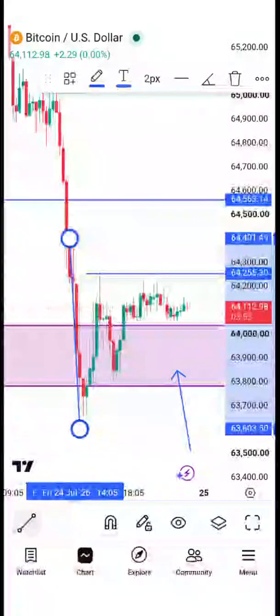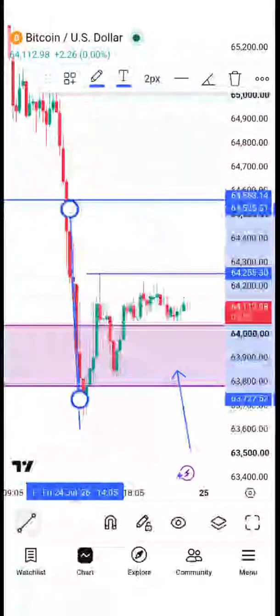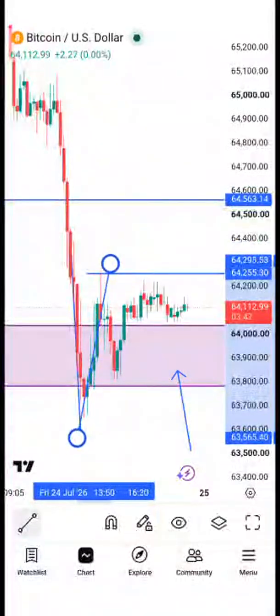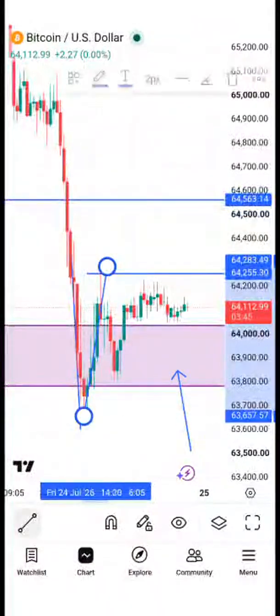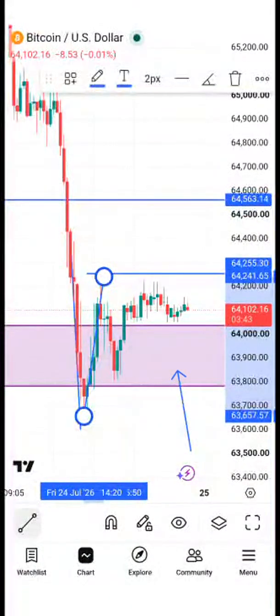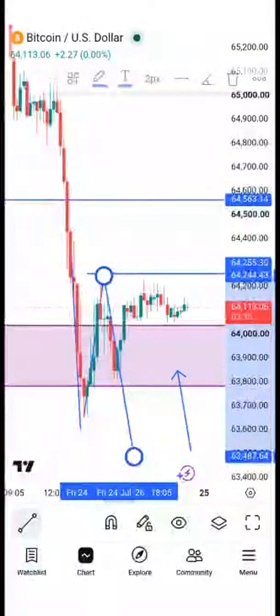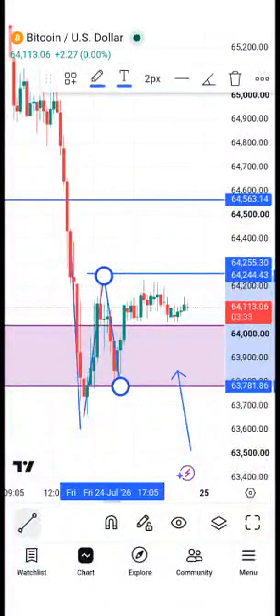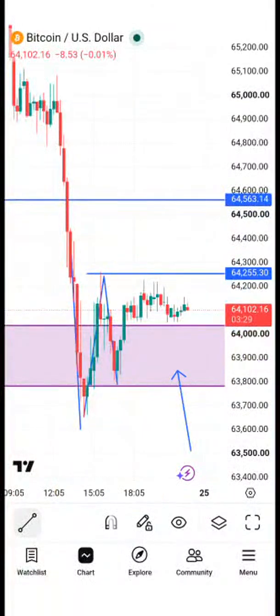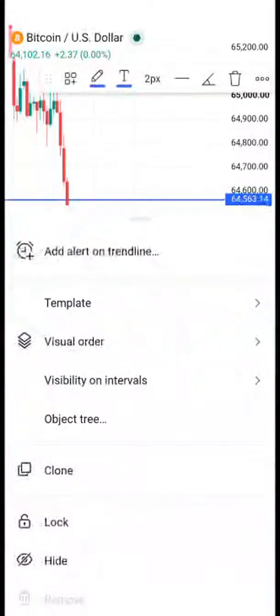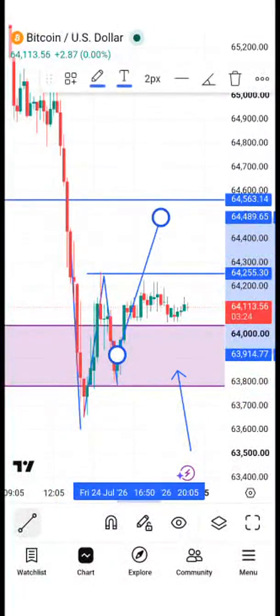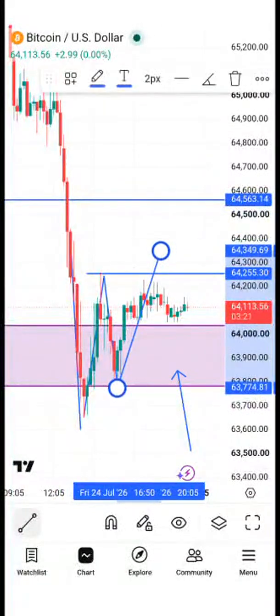Then the price went up. Now, price failed to swing below. So what we are waiting for is that price pushes towards the upside.